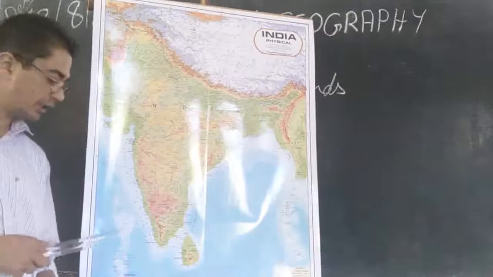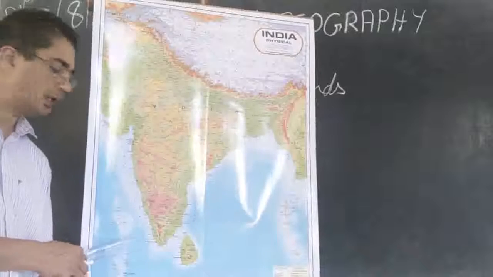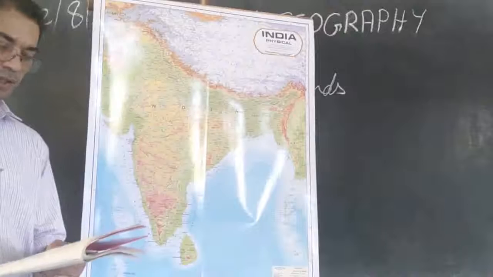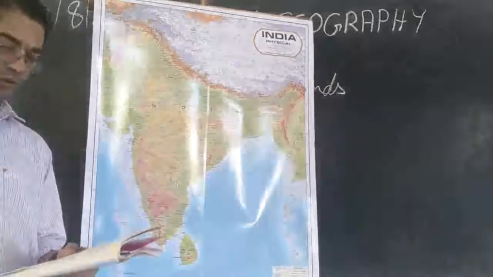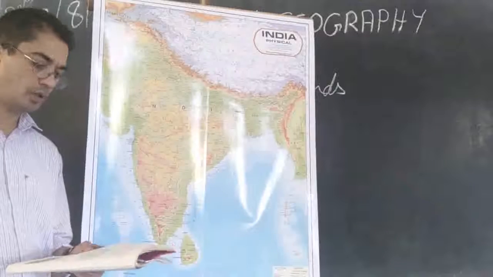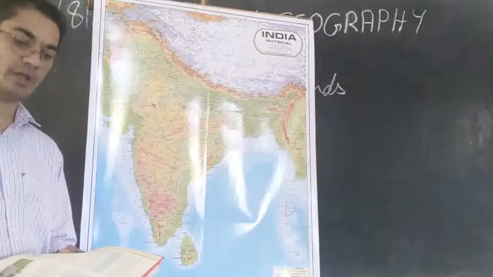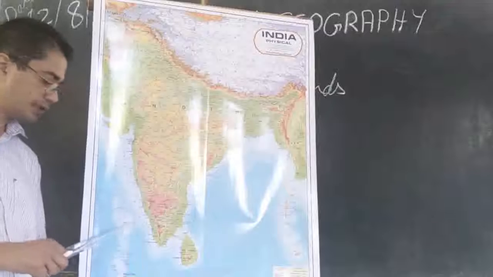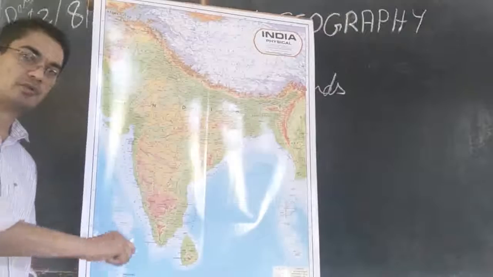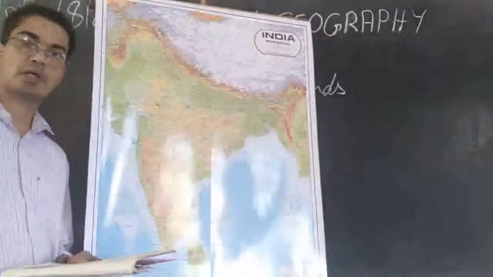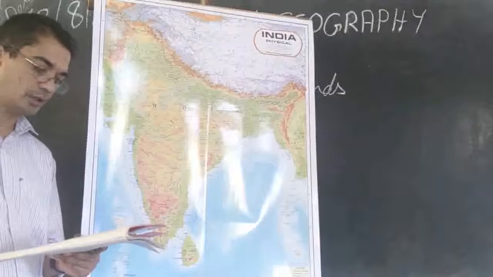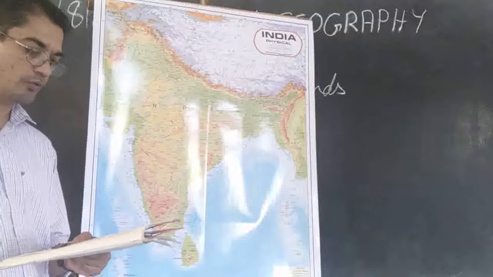The winds that are formed in the Indian Ocean due to the high pressure and move towards the south and the east are called southwest monsoon winds. We can underline what southwest monsoon wind is.